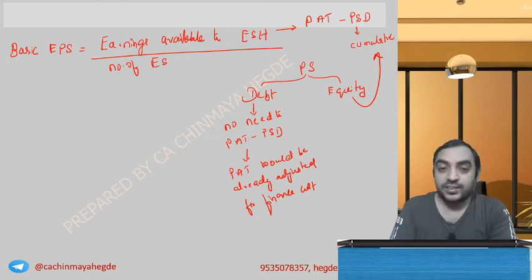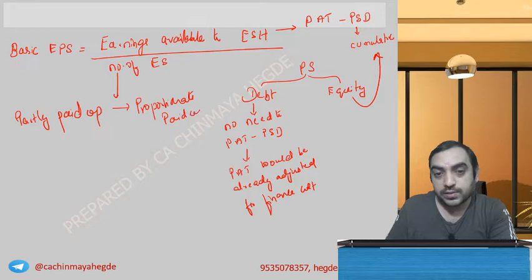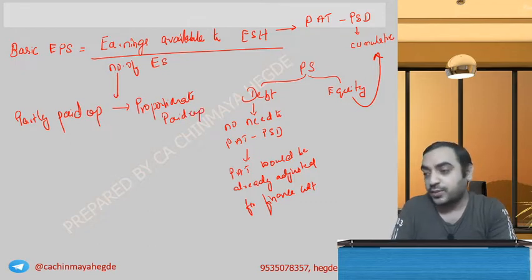Coming to the denominator, so many things are to be considered. Number of equity shares: if it is partly paid up shares, we take it proportionately to the extent of paid up, like an equivalent number of shares.